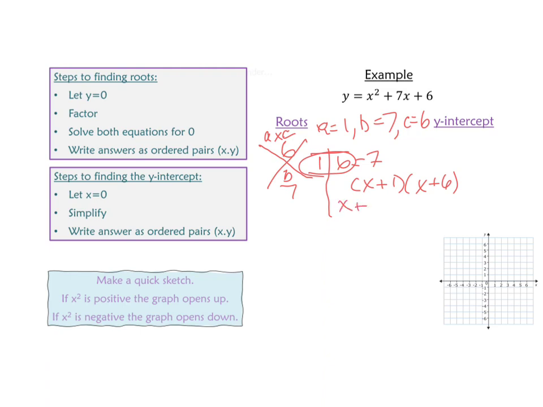X plus 1 equals 0. We subtract 1 from each side. X equals negative 1. The same is true for x plus 6. X plus 6 equals 0. We subtract 6. X equals negative 6.